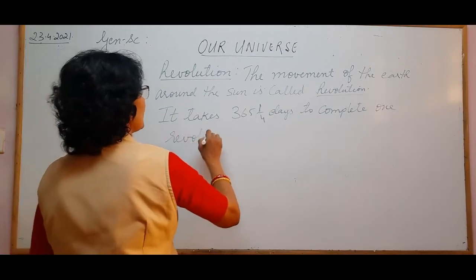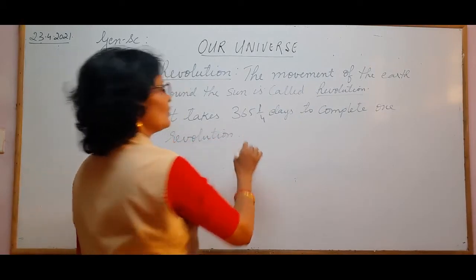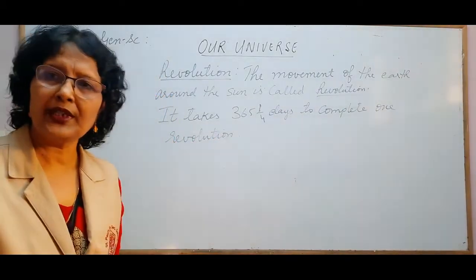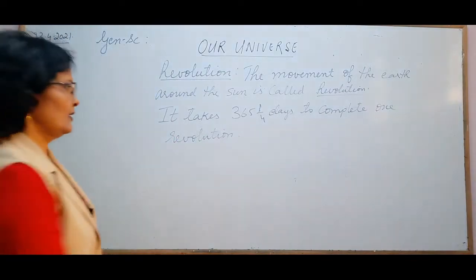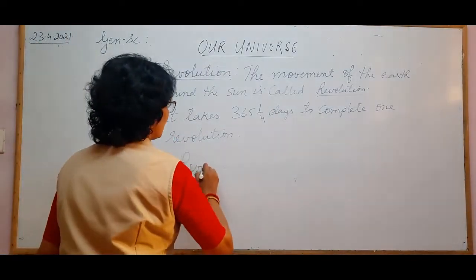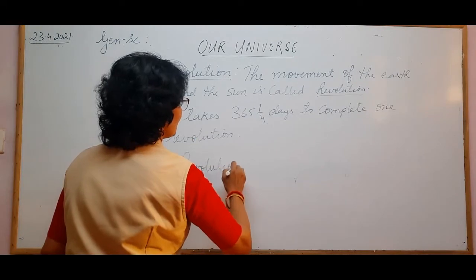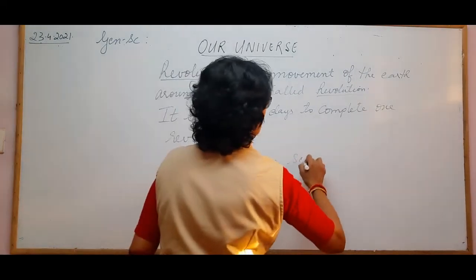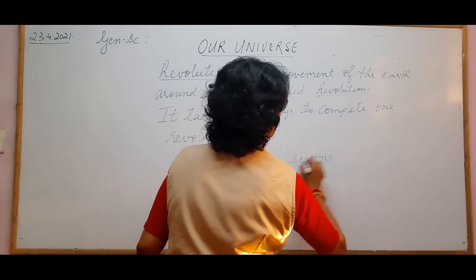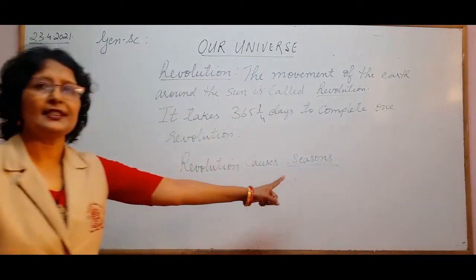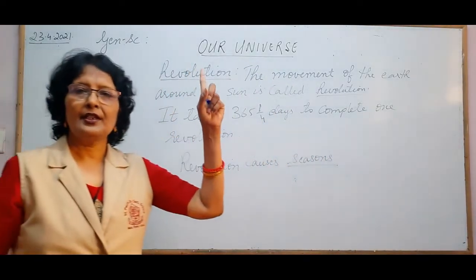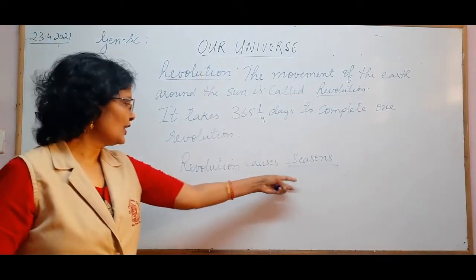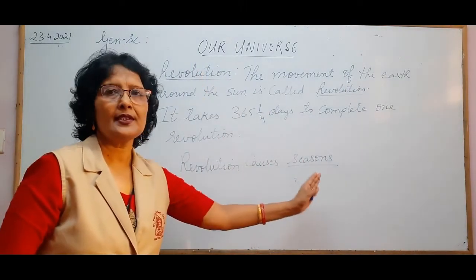Now what is the result? When it completes one revolution, what do you get? It causes seasons. Revolution causes seasons. How rotation? It causes day and night. So here revolution causes seasons.